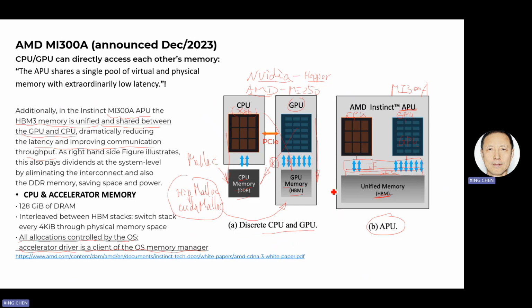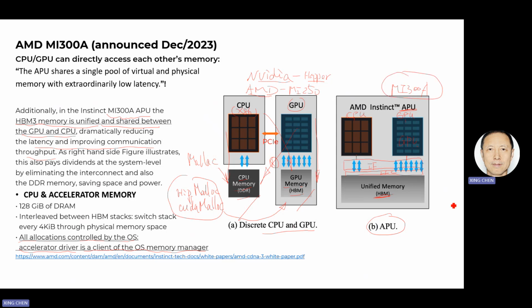In the discrete GPU solution, you have the GPU memory and the CPU memory, two kinds of memories. The GPU has to manage the GPU's memory, the CPU has to manage the CPU's memory, and for the programmers, the GPU cannot access the CPU memory, and there is extra workload for the programmers when they have to work with the GPU memories.